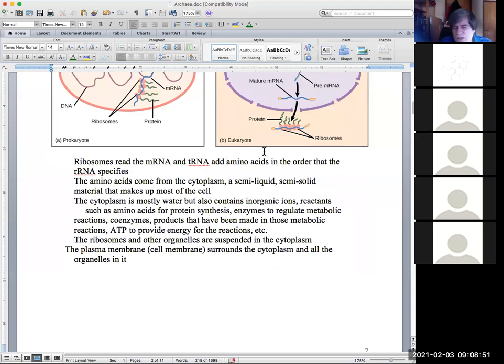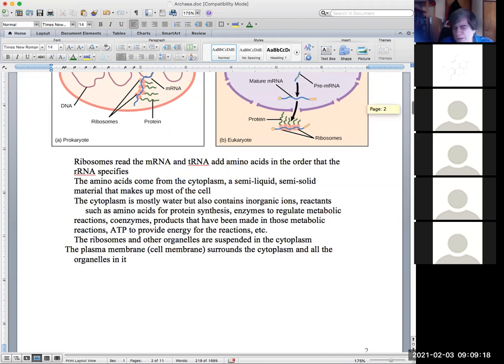It's where our cell is going to store reactants for all the reactions, including protein synthesis. And remember, we have that complementary base pairing between the codon on the messenger RNA and the anticodon on the transfer RNA. That ensures that we get our amino acids in the correct order.